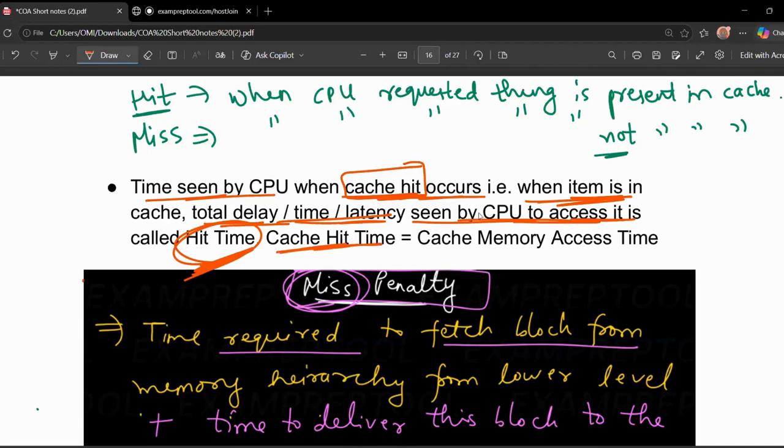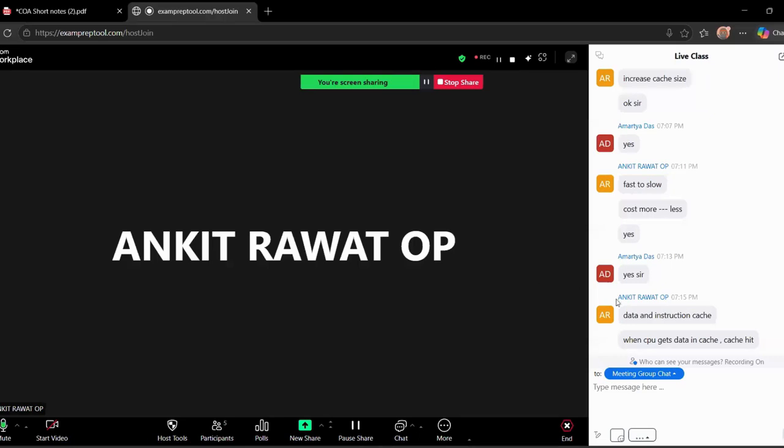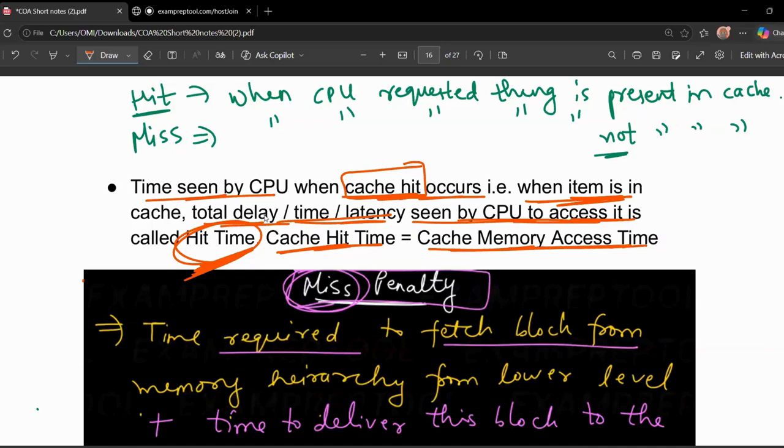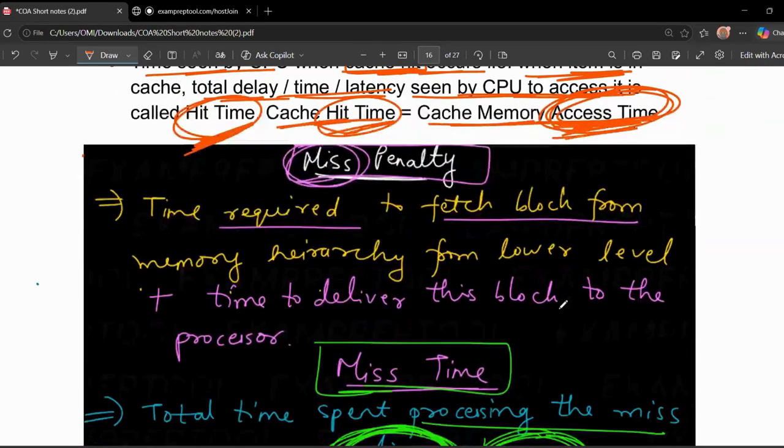The cache hit time is the same as the cache memory access time. So if someone asks what the cache access time is, tell them it is the same as the cache hit time. Access time means you are accessing something, so access time and hit time are the same.